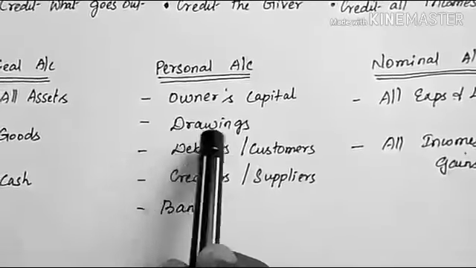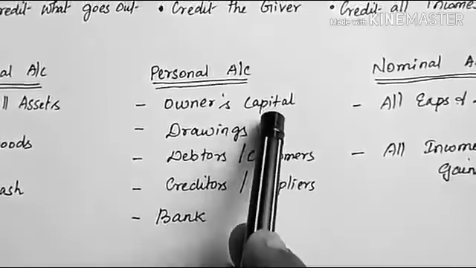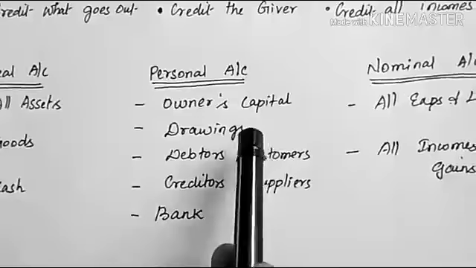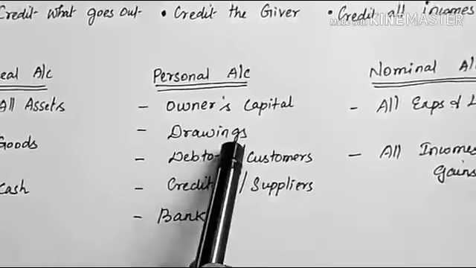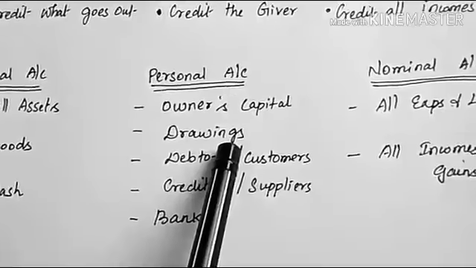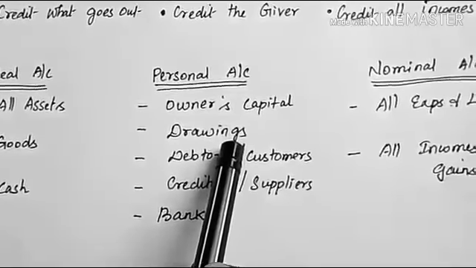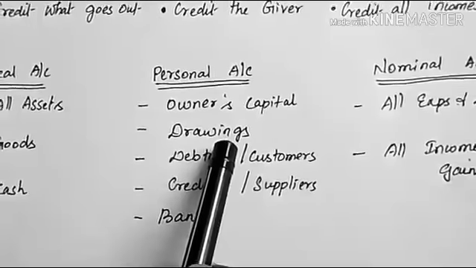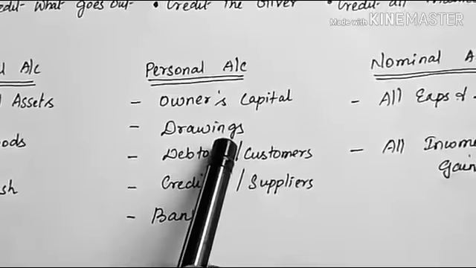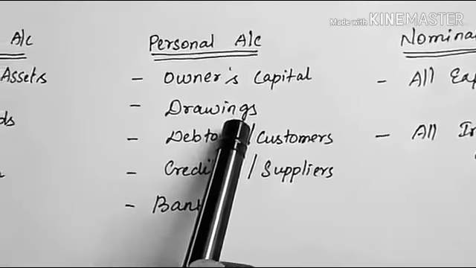Drawings means the proprietor withdraws some amount from the business for his or her own personal use. Drawings can be in the form of cash, cheque, or goods. If we withdraw cash from the business, the entry is drawings account debit to cash.